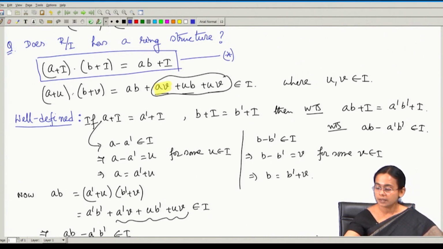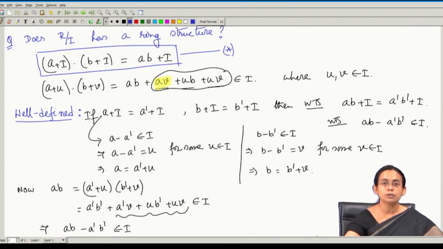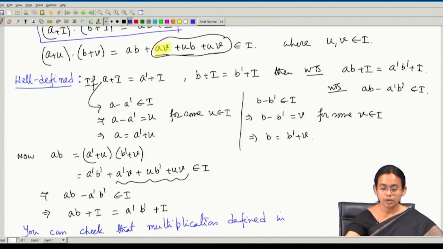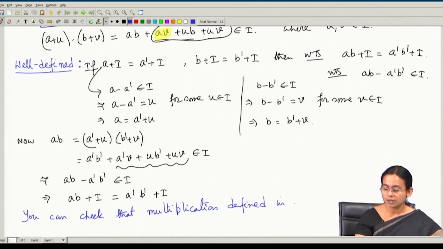Now I am saying that if you define the multiplication of two left cosets in this way, then it is very straightforward to check that this multiplication defined in star is associative.